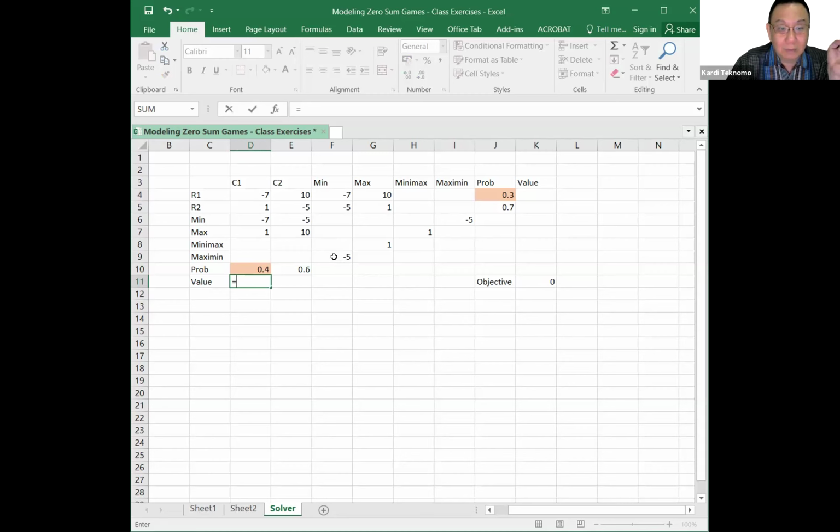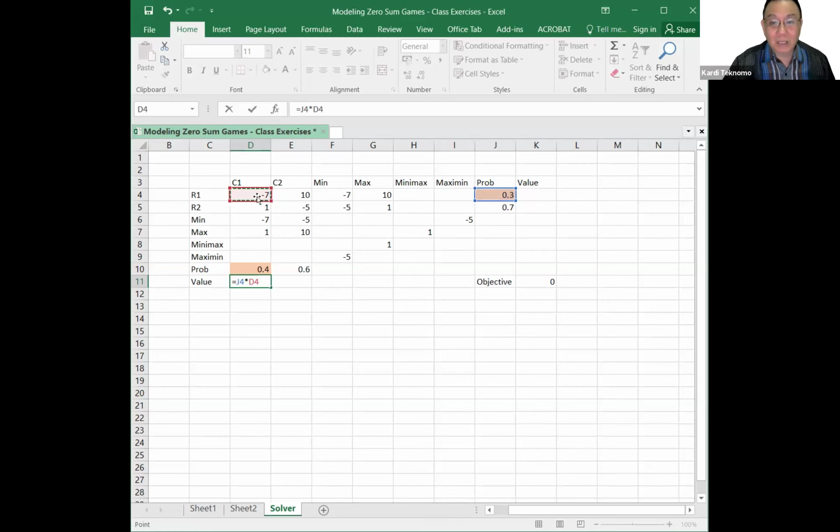Okay, so the probability J4, multiply by -7, this one D4, plus J5, plus J5 in your case.